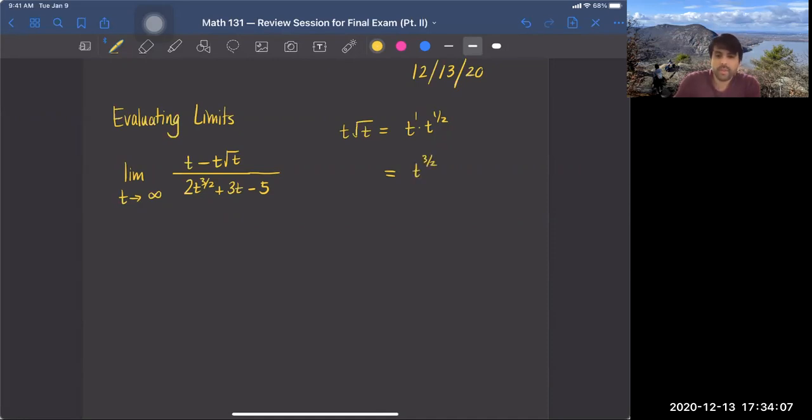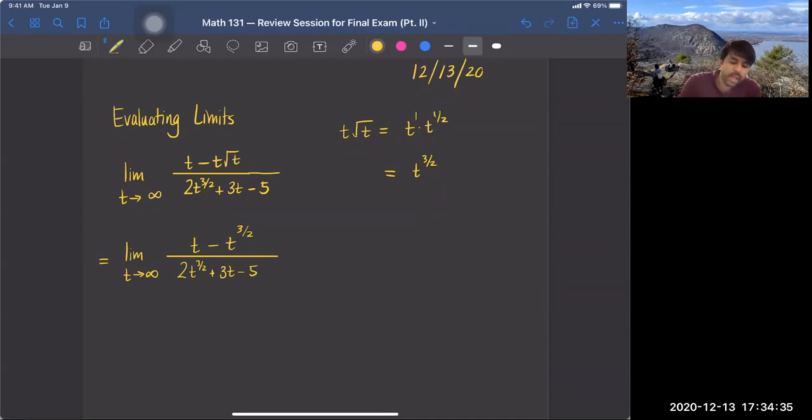So this is really just t to the 3 halves, which also appears here, which is good because this is a limit where the variable is going to infinity. So this would be t minus t to the 3 halves all over 2t to the 3 halves plus 3t minus 5.